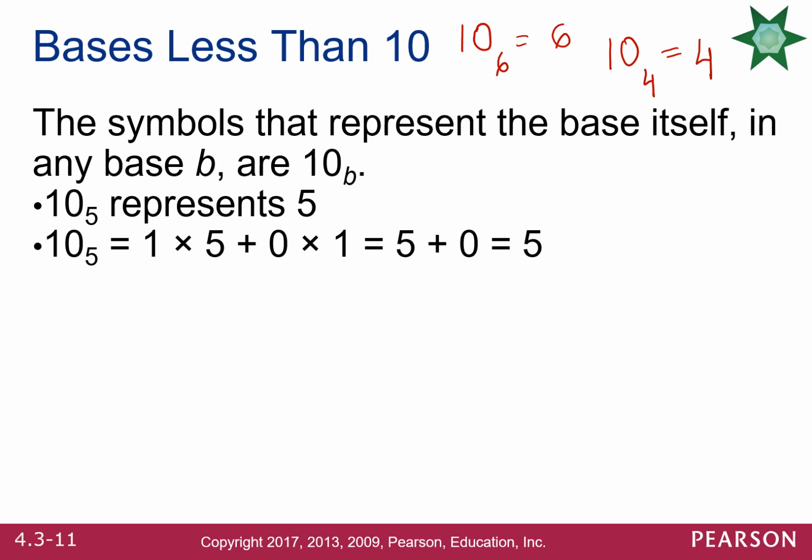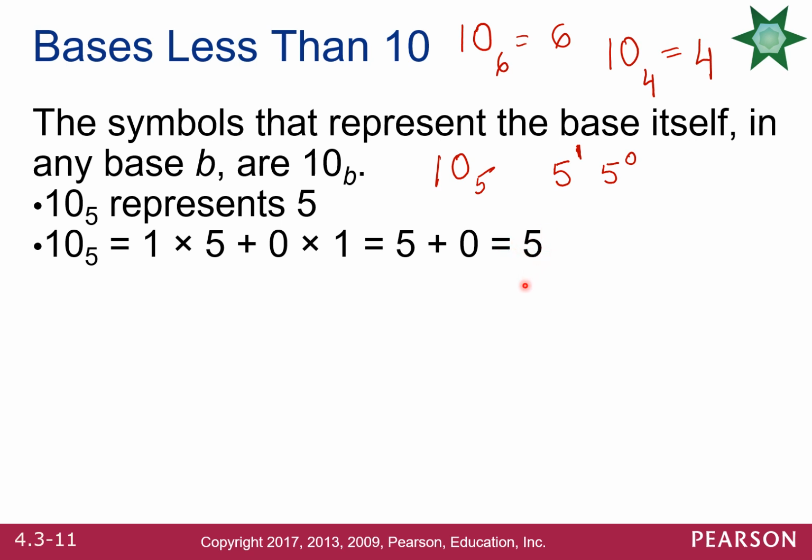The rightmost digit will have positional value of 5 to the power 0, which is a 1. Then the next one will have a positional value 5 to the power 1. So what this means is that if we have 10 sub 5, as they've shown here, then the 0 is multiplied by 1 for a 0, and then you add 1 times 5 and you will get 5 plus 0, which is a 5.